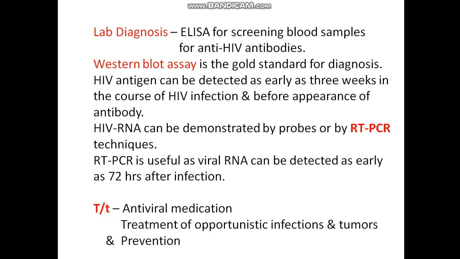HIV RNA can be demonstrated by probes or RT-PCR, the reverse transcriptase PCR technique, and by this technique it can be detected as early as 72 hours after infection. Treatment is antiviral medication and treatment of opportunistic infections and tumors. First and foremost is prevention of the disease.